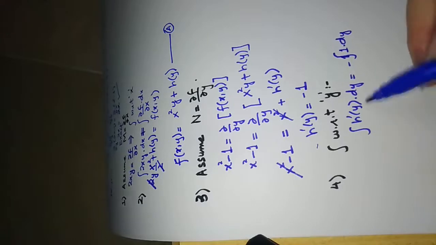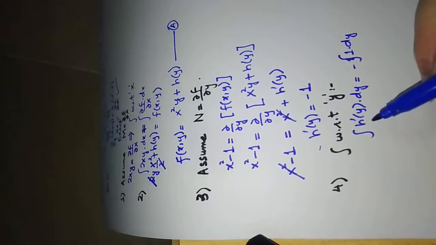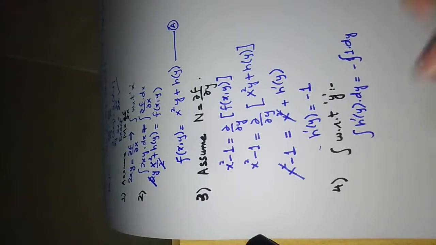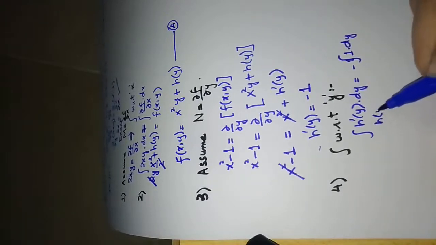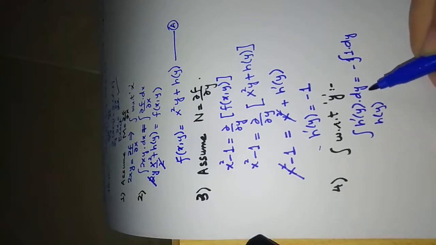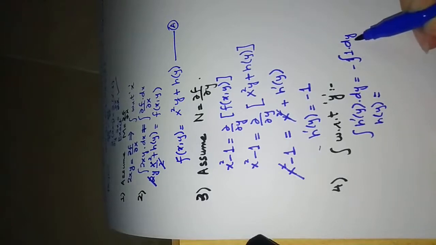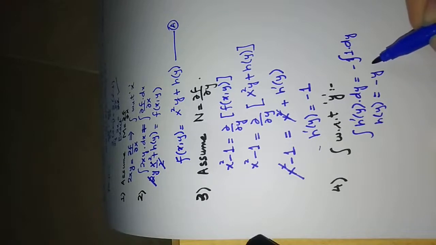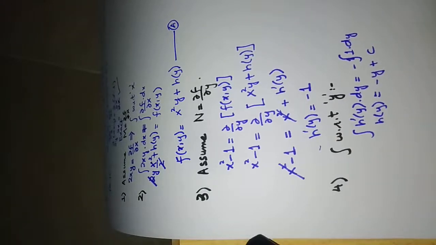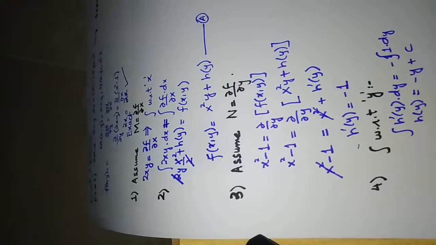And here h dash of y, one is a derivative and one is an integral, so they cancel each other, and we are left with only the function h(y). And the right side integrated with respect to y is minus y, plus c. c is a constant because here there is only one variable y.